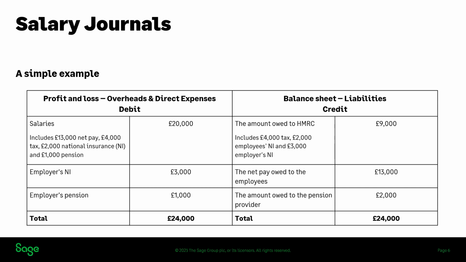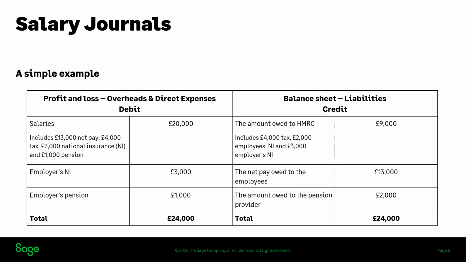You'd be debiting your profit and loss codes to establish those debit balances, those expenses that will build up over the course of the financial year. And you'll also be posting some credits, for things like the net pay to your employees, the national insurance, the pay as you earn, you'll be crediting your balance sheet.